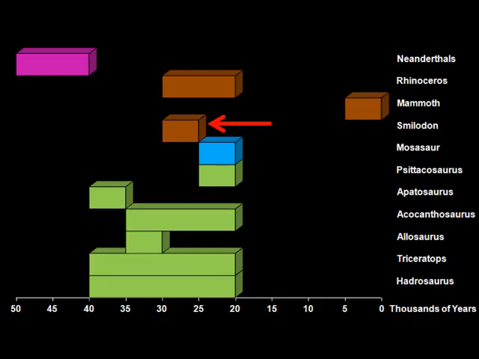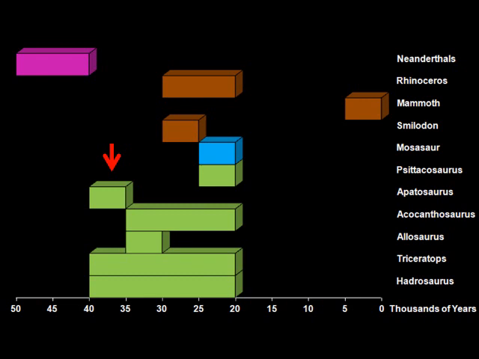So notice that the saber-toothed tiger actually carbon dated older than the mosasaur, the psittacosaur, and older than some of the carbon dates for the Acrocanthosaurus, Triceratops, and Hadrosaurs. They should be separated by at least 30 to 40 million years at least. But it carbon dates older than some of them. Notice that the Apatosaurus and the Triceratops and the Hadrosaurs, which should never overlap each other, do overlap each other in the carbon dates.